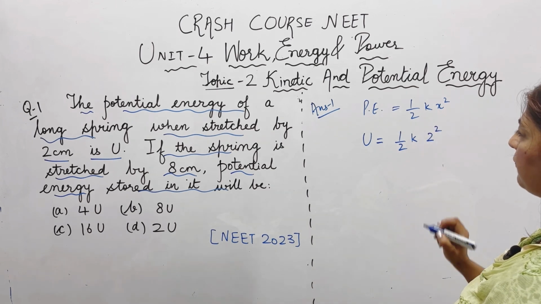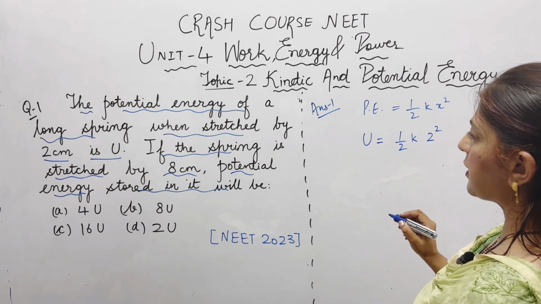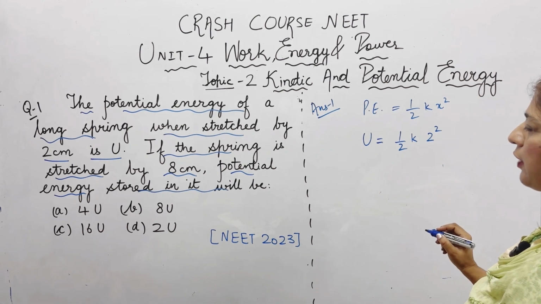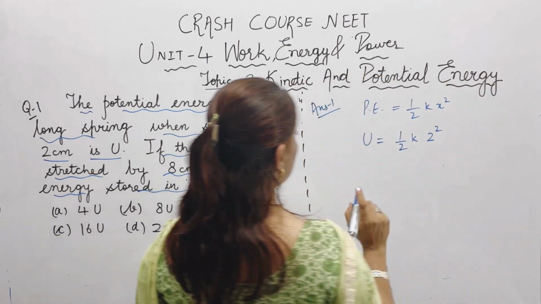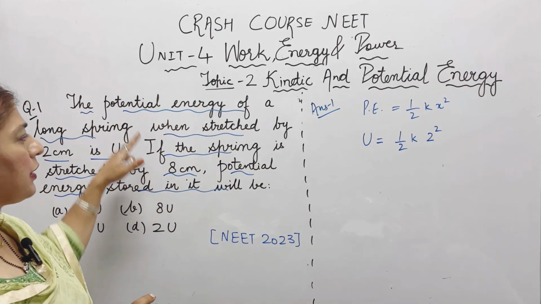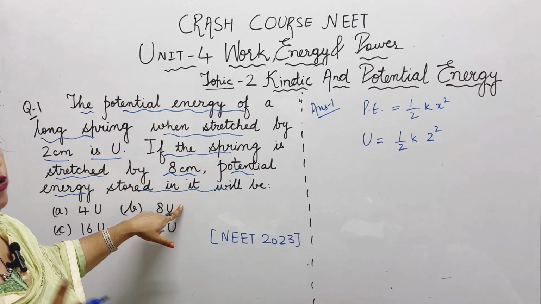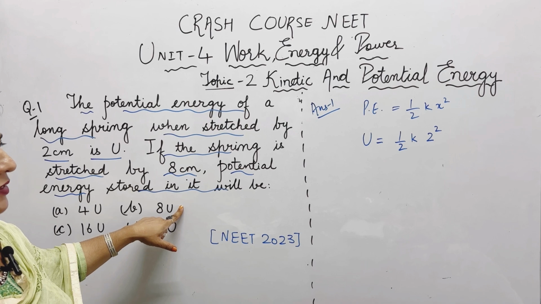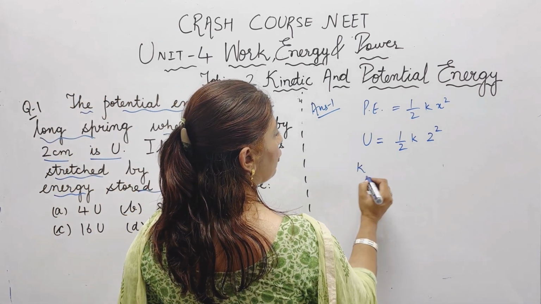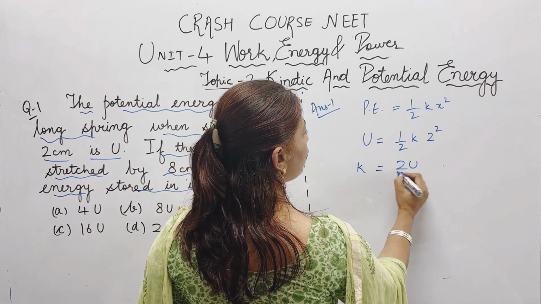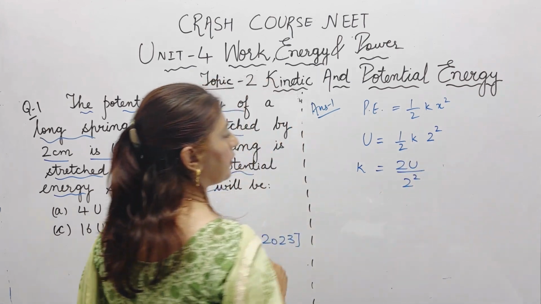So, 2 square. And if the spring is stretched by 8 centimeter, we have to find out the potential energy. One thing is there, because the spring is same in both the cases, so spring constant is going to remain the same, so this concept is to be used. So from here we find out the value of spring constant, that is 2U over 2 square.